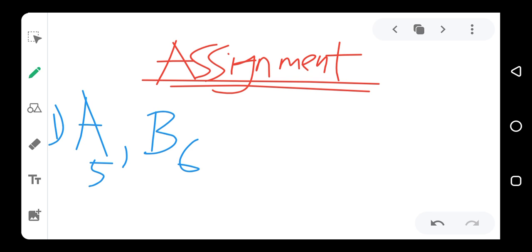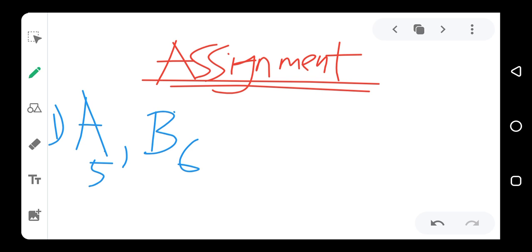Number 1, an atom A has a valency of 5, and atom B has a valency of 6. Determine the chemical formula of the compound that is formed when these two atoms combine.